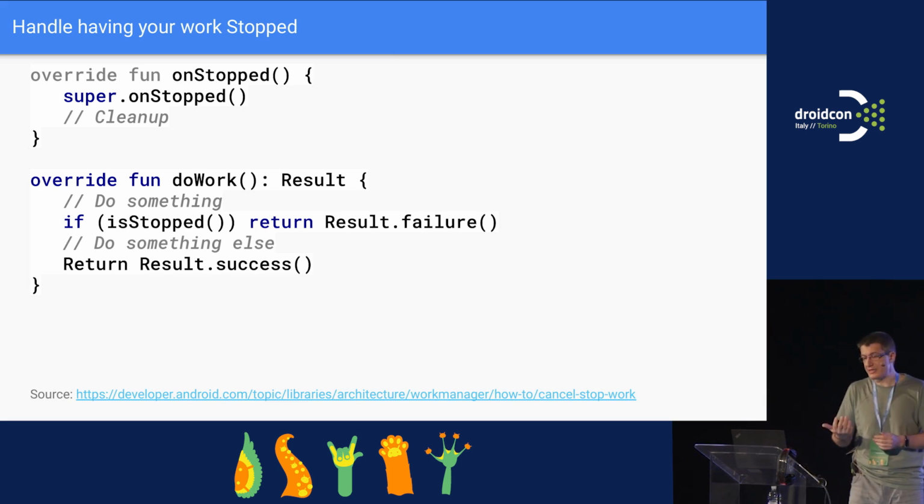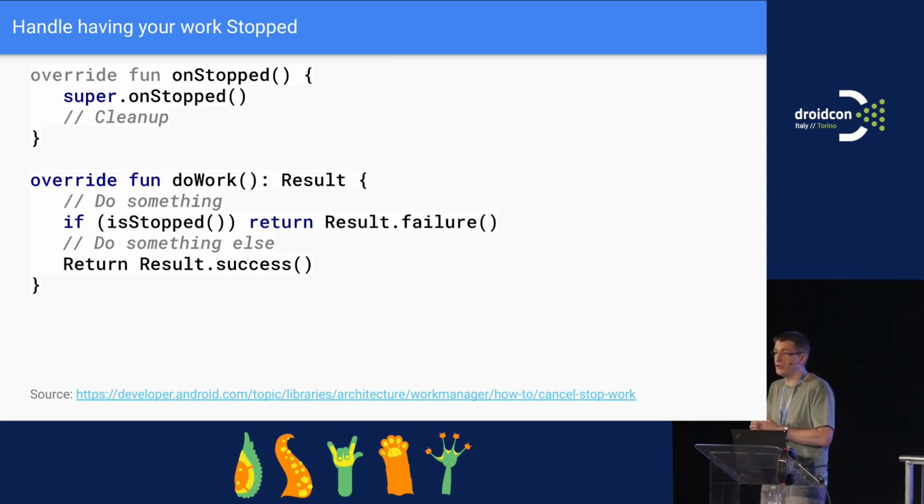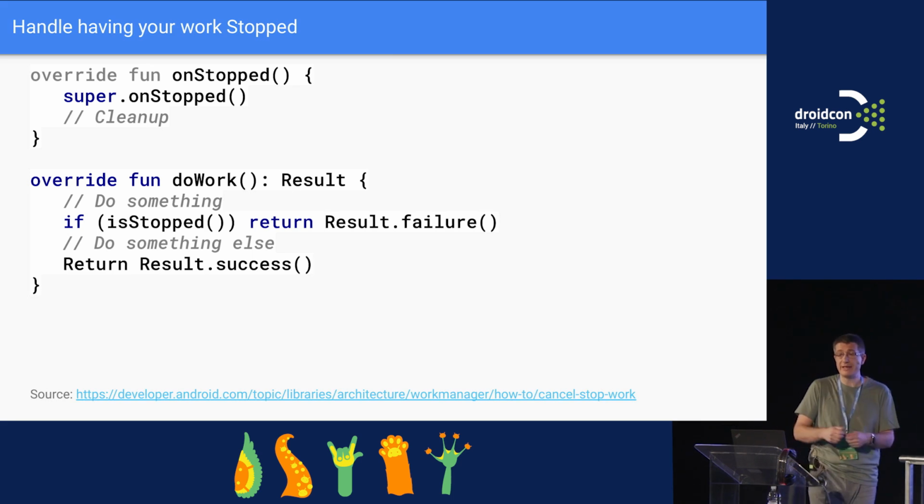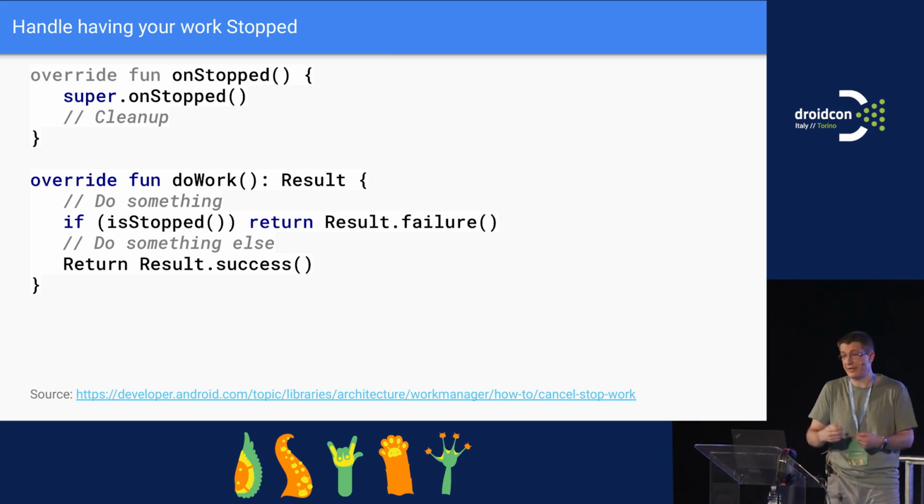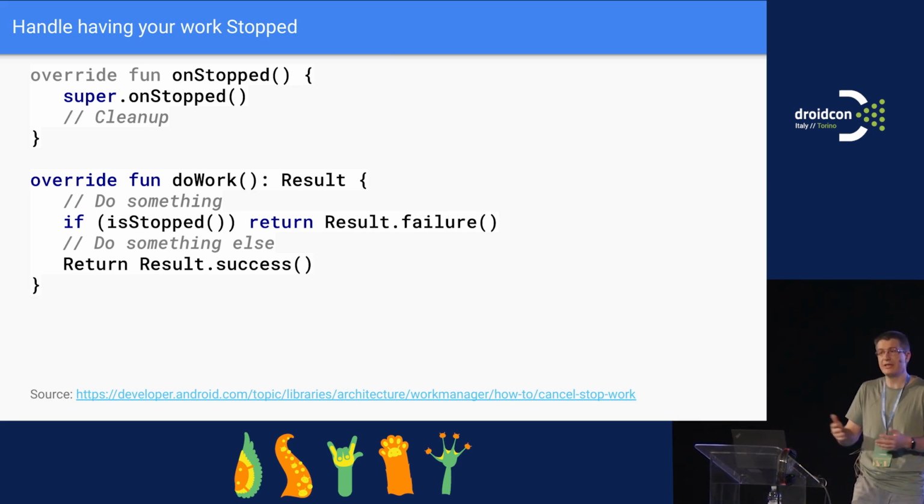Or the other option is that, for example, the constraints are no longer respected. So you are setting that you want to be on charge, and your work is running. When the user disconnects the device from the charger, your work is going to be stopped.